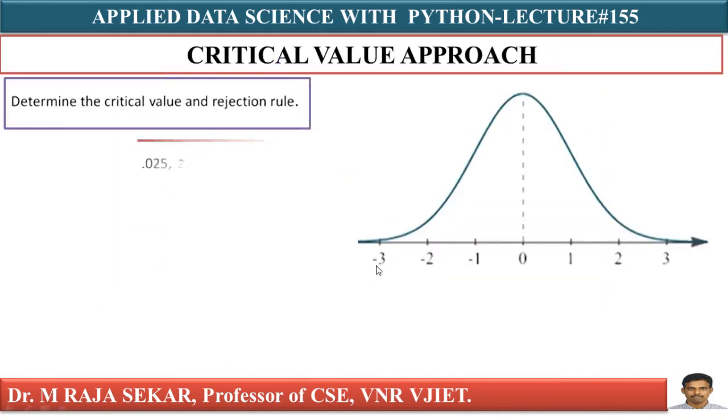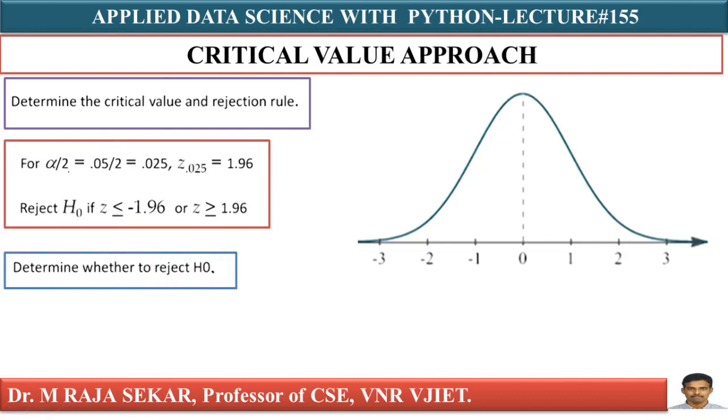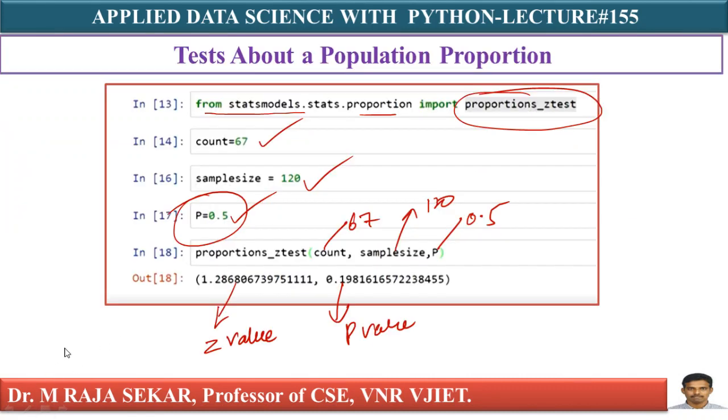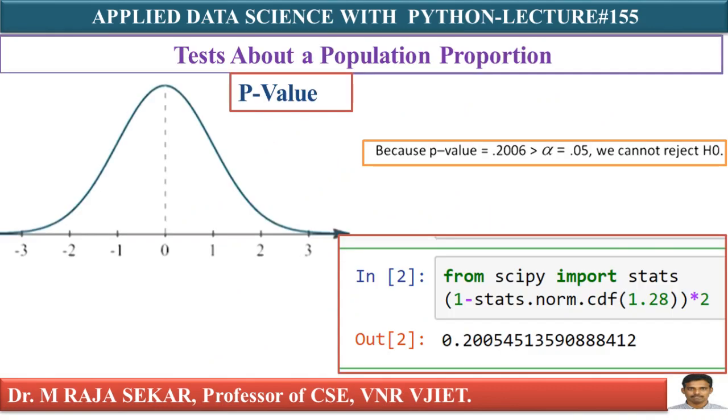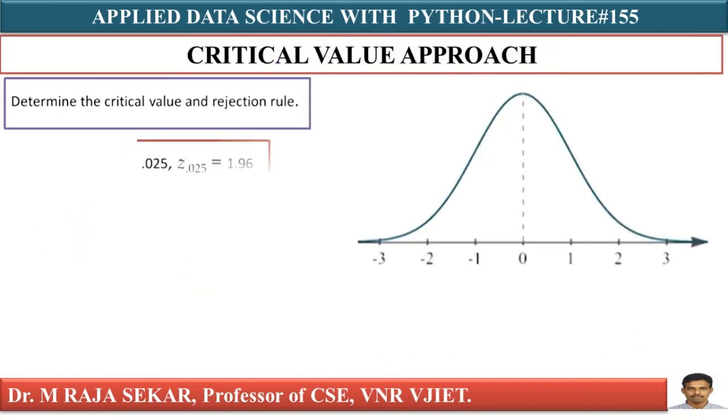Now, what is the critical value approach? The previous one was about the p value approach: the p value 0.2006 is greater than alpha. Now let me discuss the critical value approach.